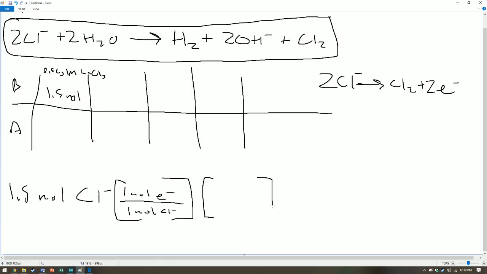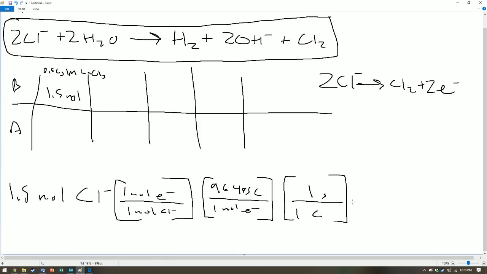And then a mole of electrons is 96485 coulombs for every 1 mole electrons. And then I know that an amp is 1 coulomb per second, and that should yield an answer.